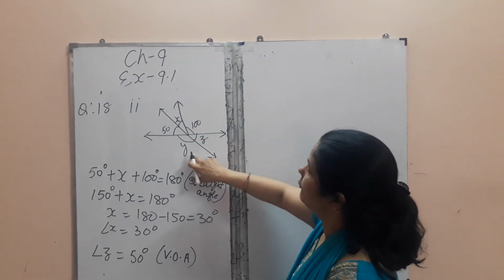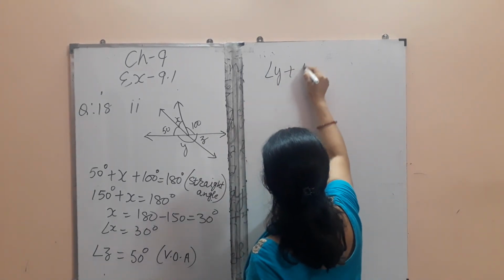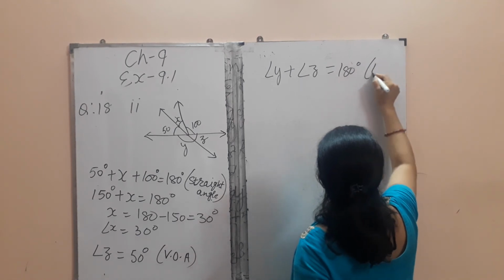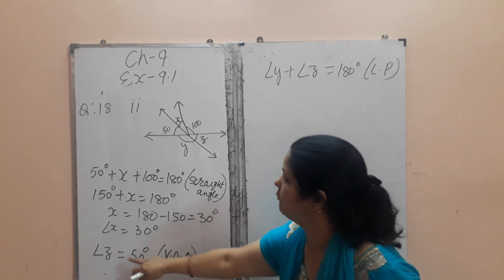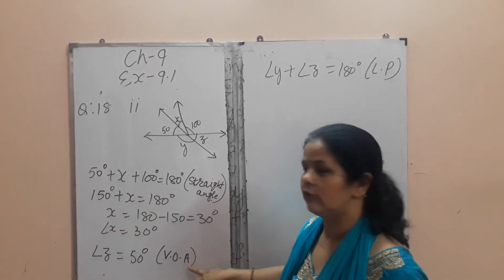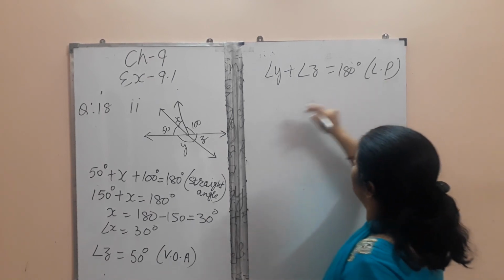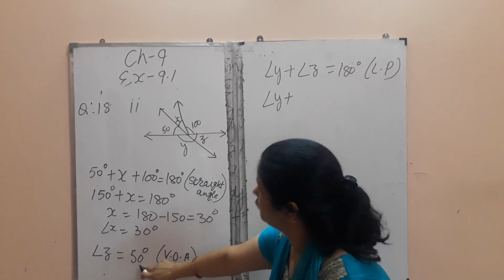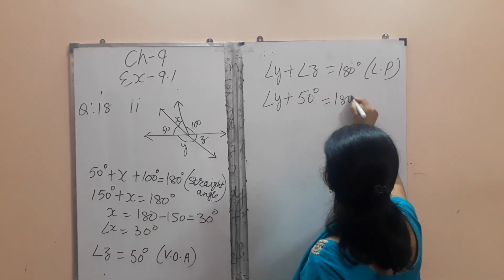Now we will find out the value of y. So angle y plus angle z is equals to 180 degree, linear pair. As you see, wherever I have equated two things, I have given the reason. So you also have to give the reason. Angle z value we have just found, it is 50 degree.